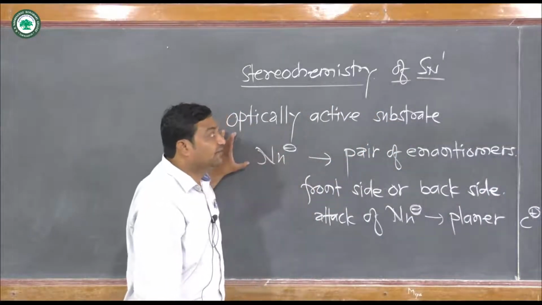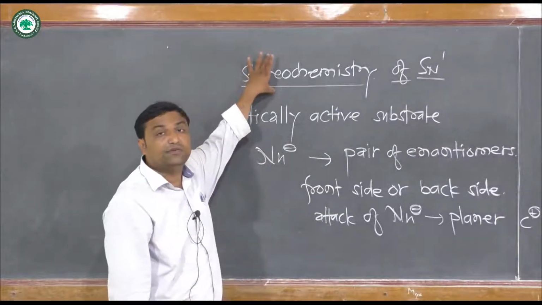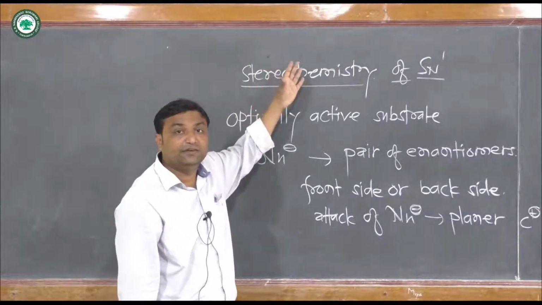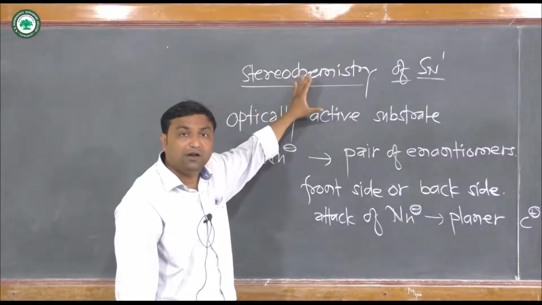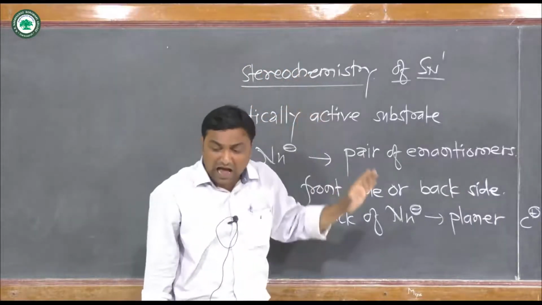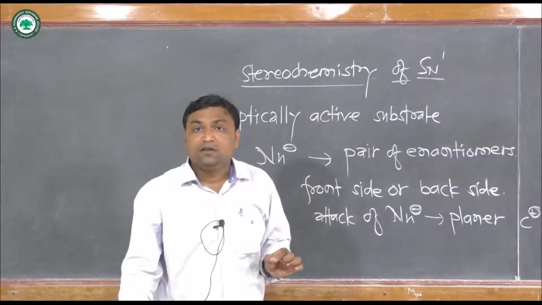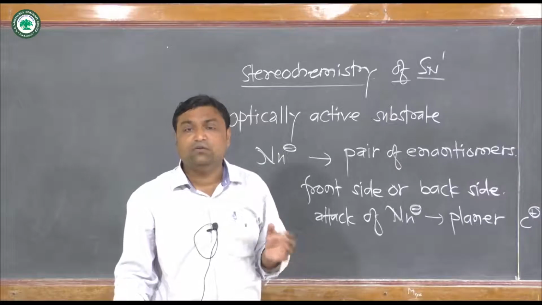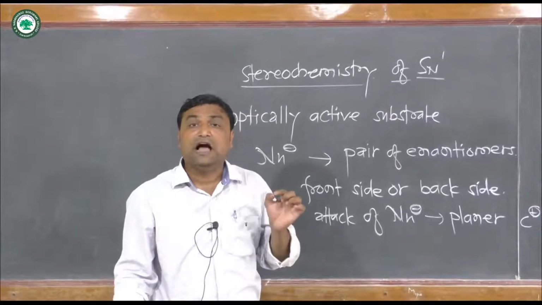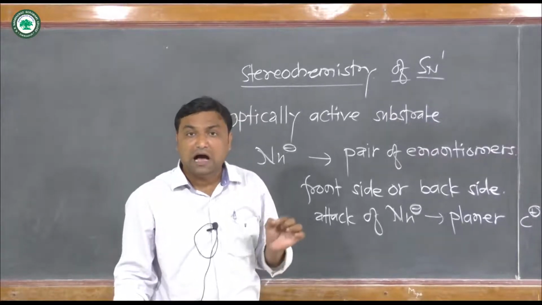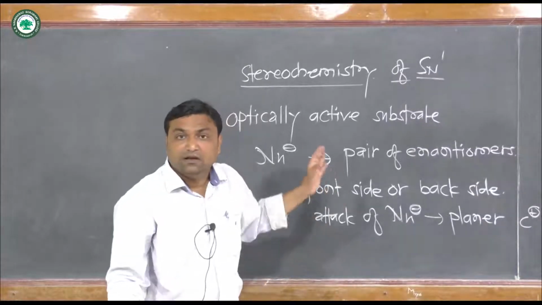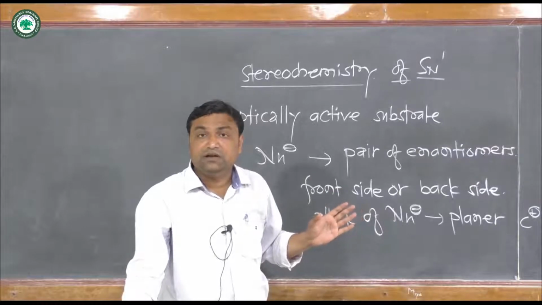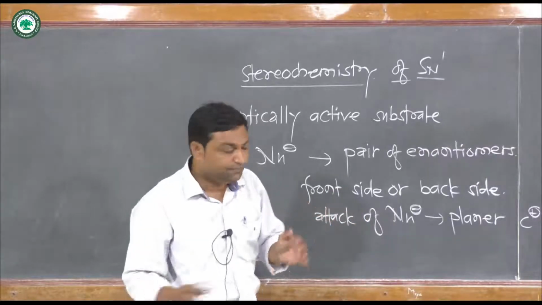To understand the stereochemistry of the SN1 reaction, that is, what is meant by racemization, we take an example of R-1-phenylethyl chloride, or we may say we take the example of the hydrolysis of R-1-phenylethyl chloride, which is nothing but an optically active compound.